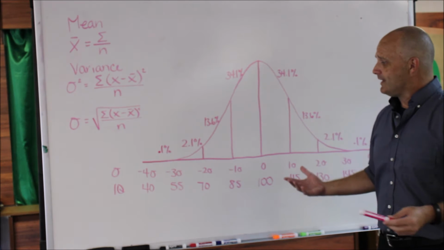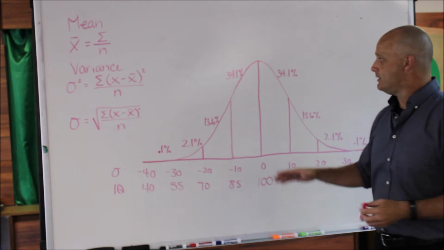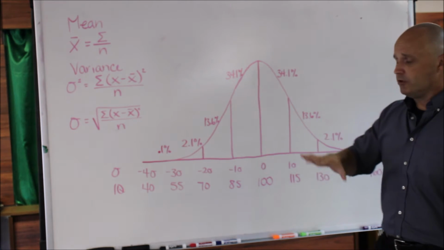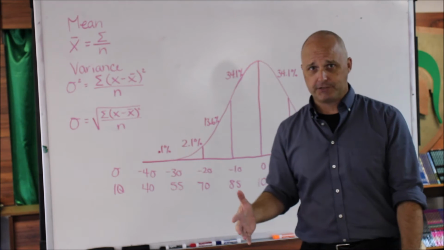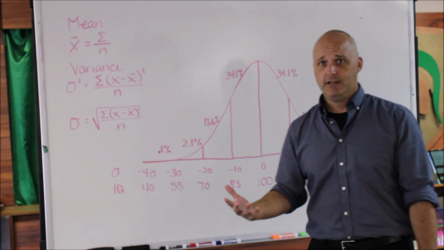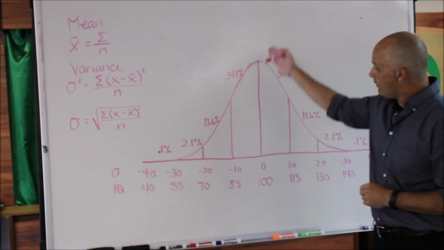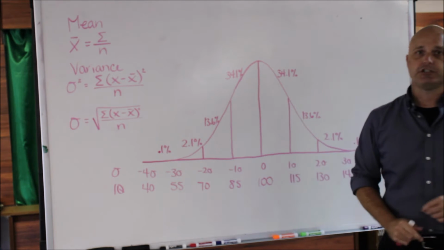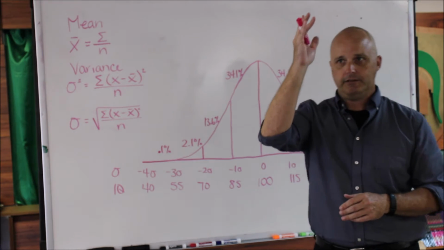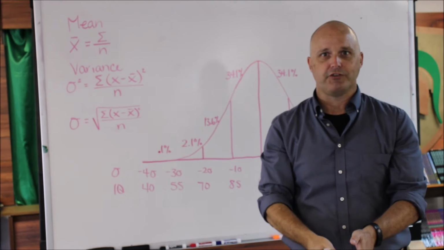But we're going to take a look at how we use standard deviation. One of the most famous examples of standard deviation is the IQ test. And the way that we would use this is we would say that this line right here, 0 deviations, is going to be your most average person on the planet.